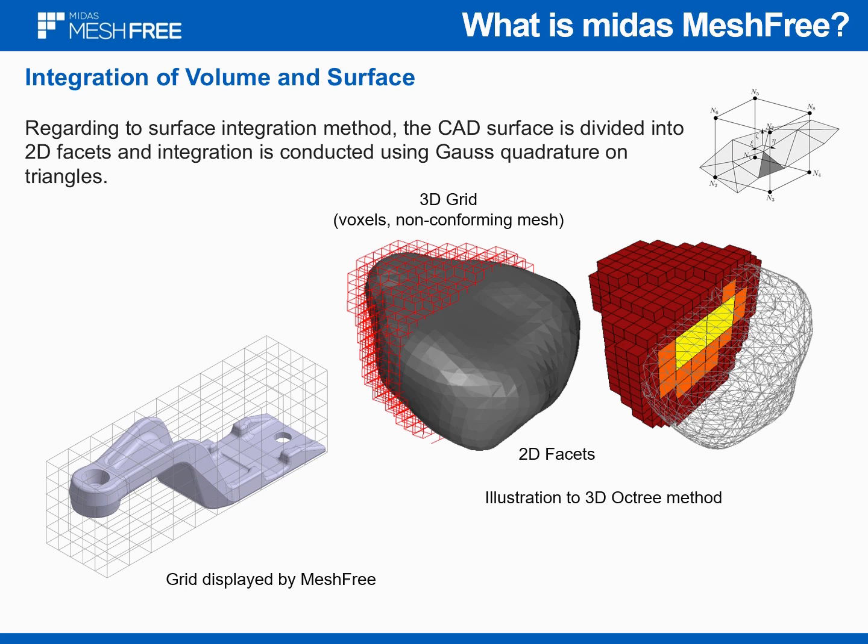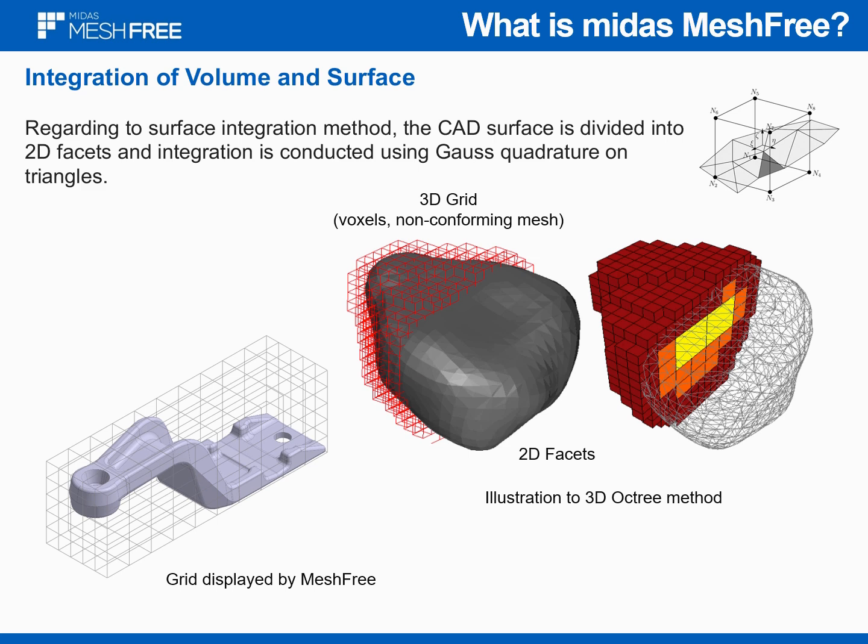And in terms of the second mesh, as I said, the integration mesh, which is reflecting the shape of the geometry, this one is made by 2D facets, which are simply triangles, as you can see in the picture. And the method which is used is simply Gauss quadrature on the geometry.